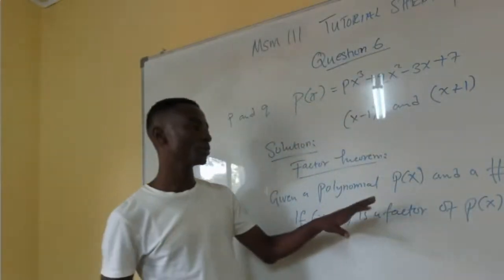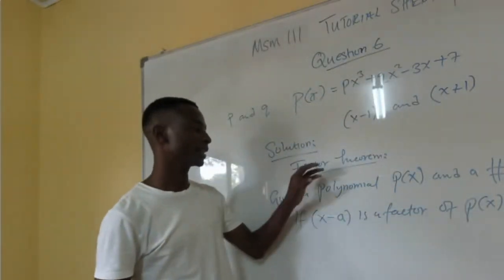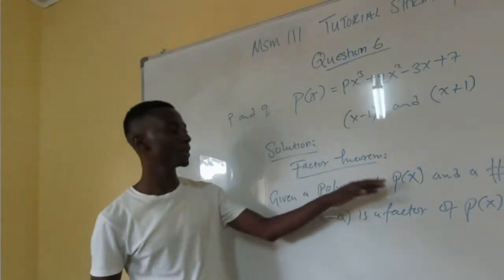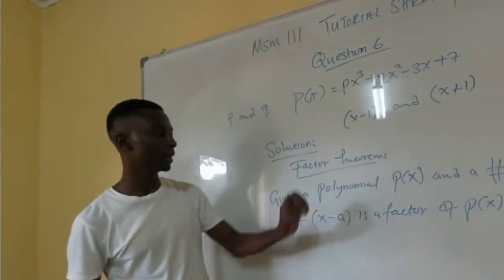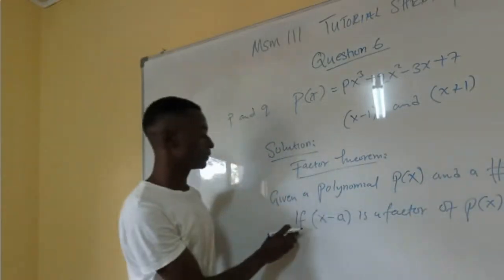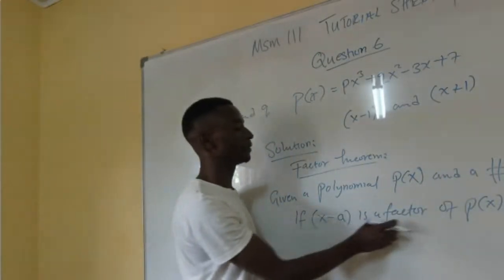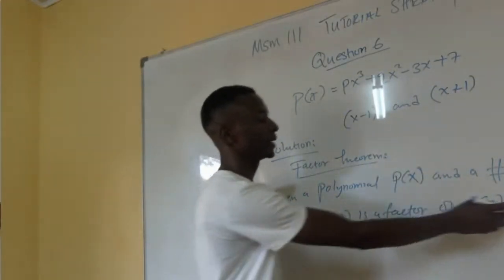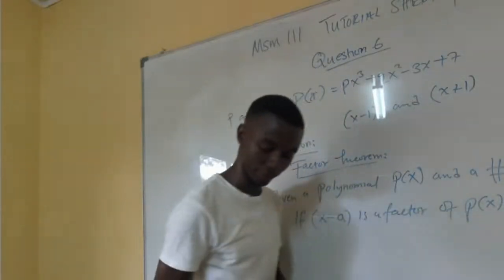So that's the concept we're going to use, the factor theorem. So given a polynomial p(x) and a number a, if x minus a is a factor of that polynomial, then f(a) is equal to 0.